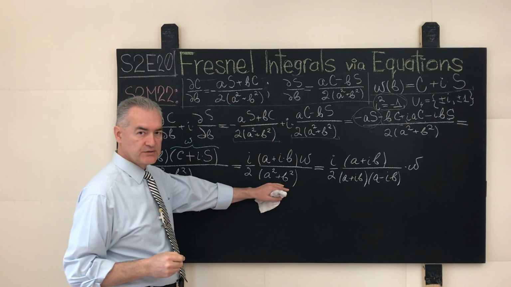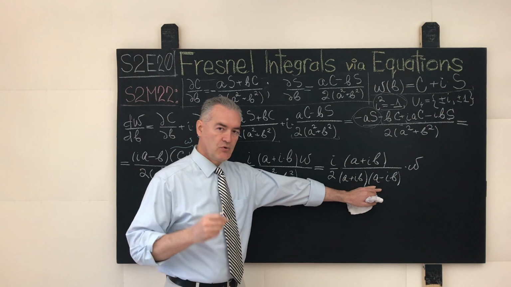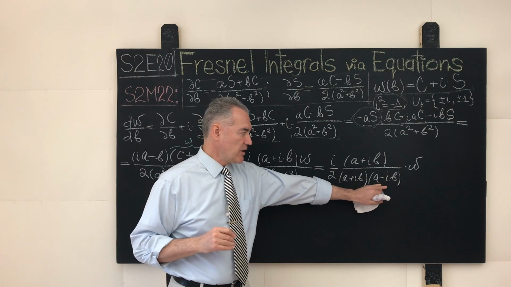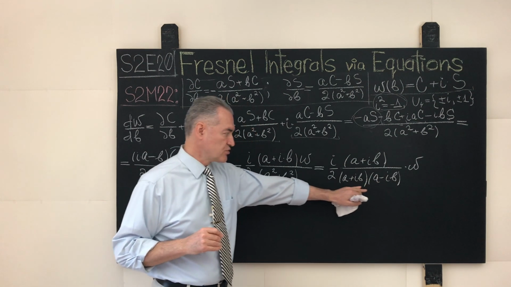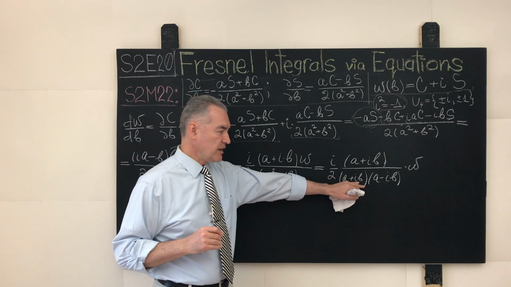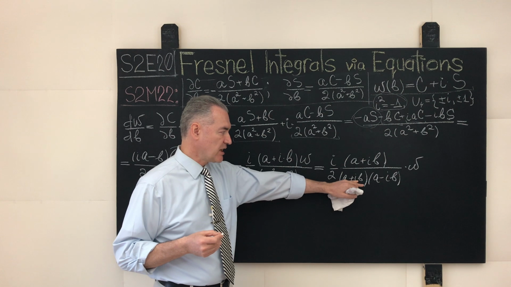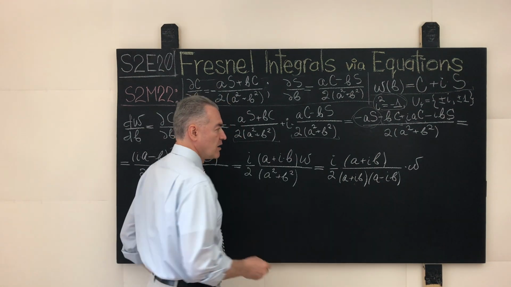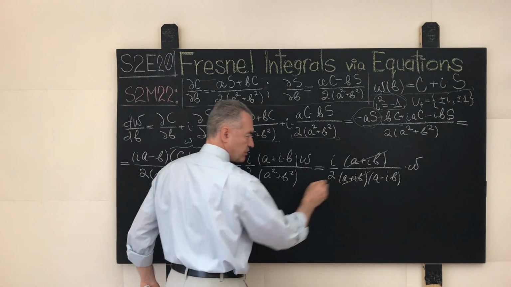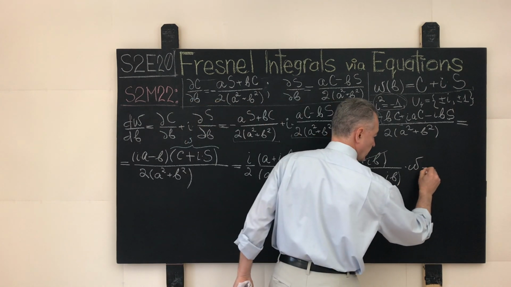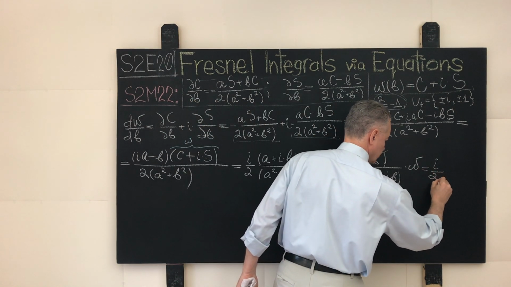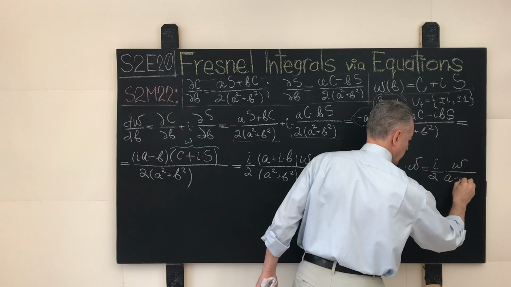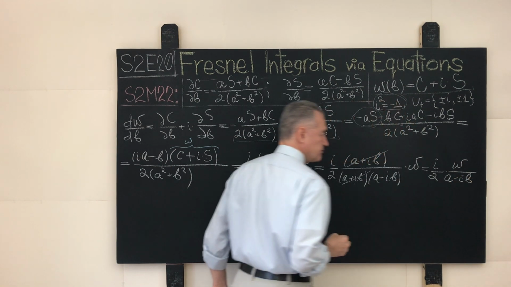So this sum of products is really a product of two conjugate numbers, two numbers that are conjugate images of each other. a minus i times b is the conjugate image of a plus i times b, and conversely, a plus i times b is the conjugate image of a minus i times b. But now these two complex numbers cancel each other out, and what do we have? i over 2 times w over a minus i times b.